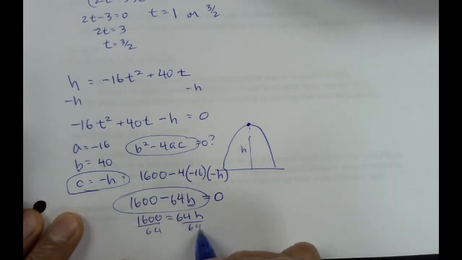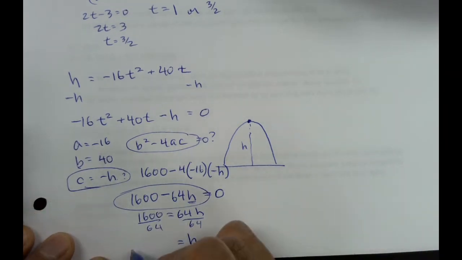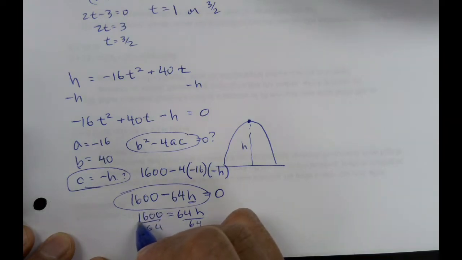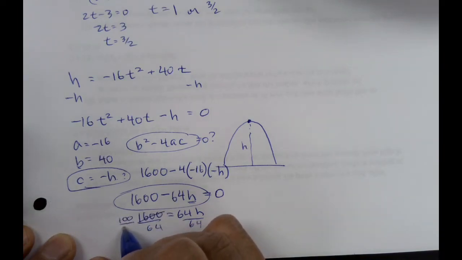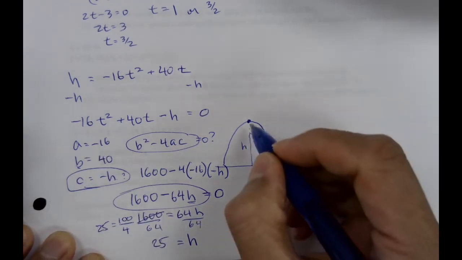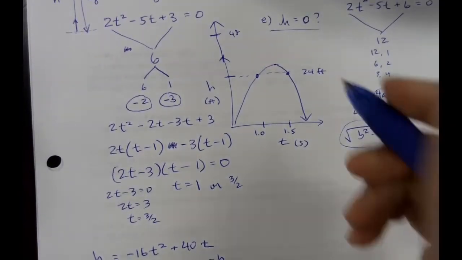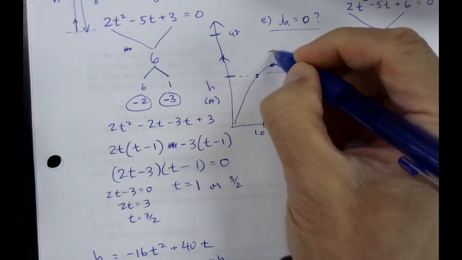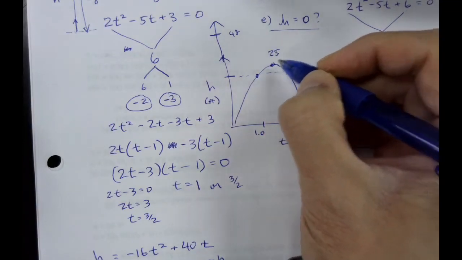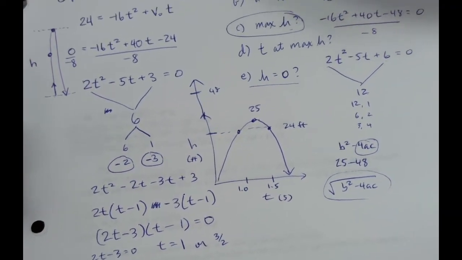Divide by 64. And we have h is equal to, let's see, I can divide by 16. Oh, 25. h is equal to 25. That is my maximum height. And that kind of makes sense looking at the picture up here. Alright. So maximum height is 25 feet.